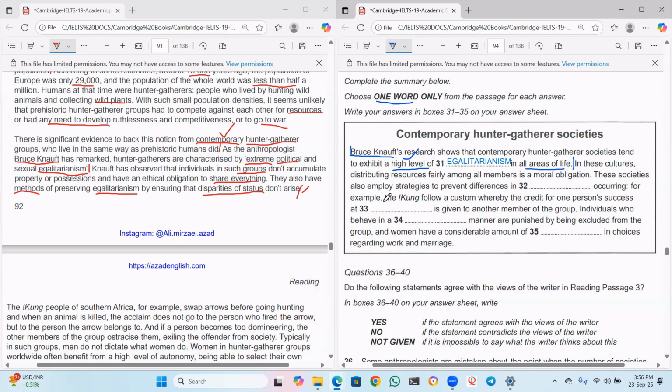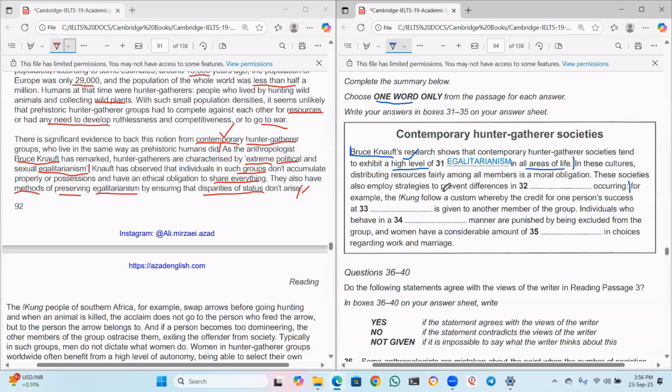These societies also employ strategies to prevent differences in dash occurring. Till here we should observe, the sentence is about sharing everything. Now, they also have methods of preserving egalitarianism by ensuring that disparities of status don't arise. Look at the keywords, guys. Preserving.